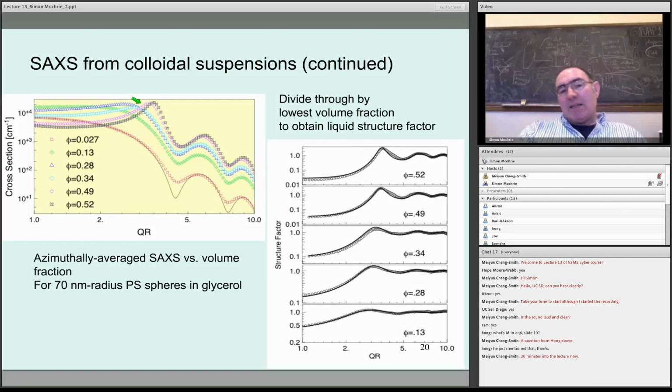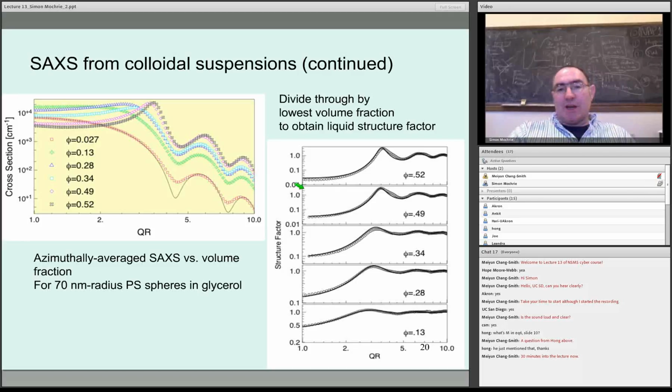And to isolate the structure factor, that is to say, the effect of correlations between particles, you can divide the measured intensity at the higher volume fractions by the measured intensity at the lowest volume fraction to then get at least an approximation, and probably a pretty good approximation, of the structure factor of the colloidal liquid.